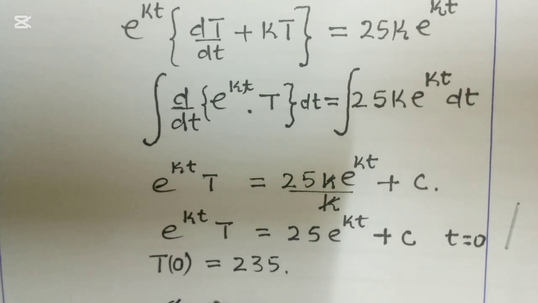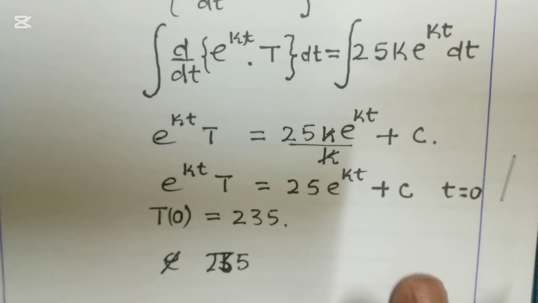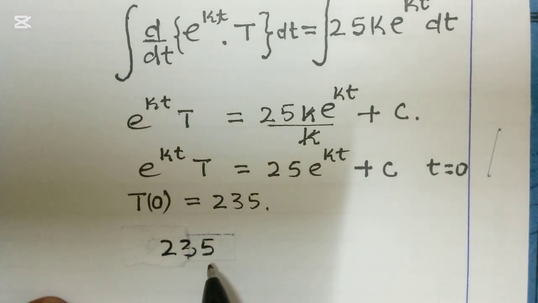And so we are going to be left with the T there, and our T is 235. So we have here 235.